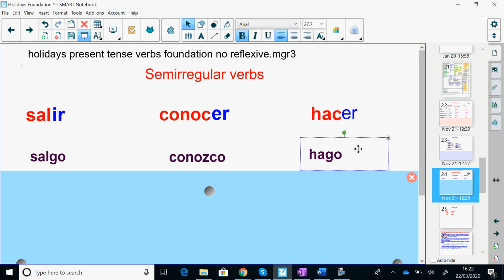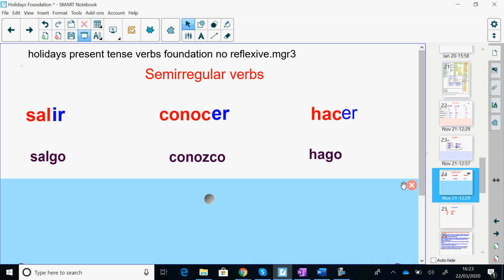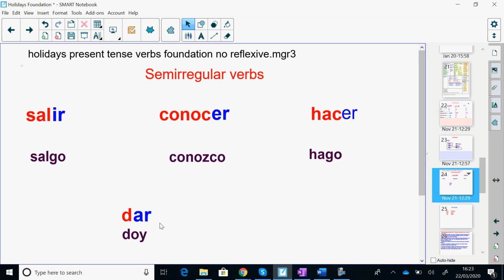O hago deportes acuáticos. I do. I know you know this. Now, why is this irregular? Because the first person is irregular. For example, there's an extra G here that is not in the infinitive. There's an extra Z that is not in the infinitive either. And in hago, there's another extra G that is not in the infinitive. However, it's only the I form that is irregular. Okay.